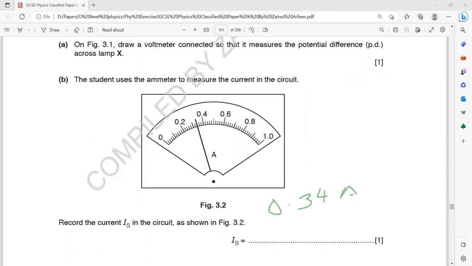So 0.34. Yeah, that's right. Because 10 divisions are there for 0.2, each is 0.02. That's why this will be 0.34. And the unit of current is ampere.